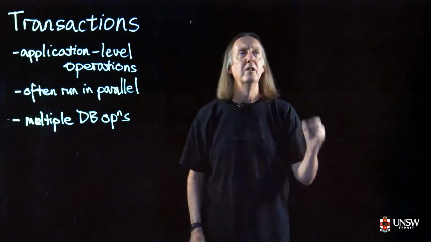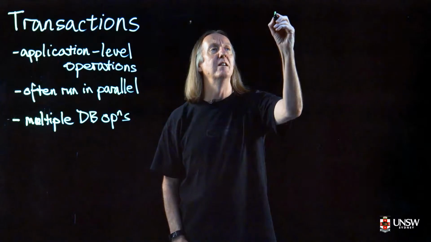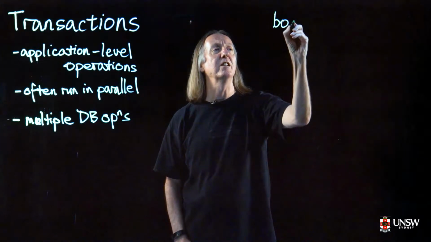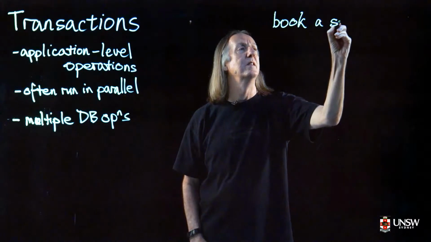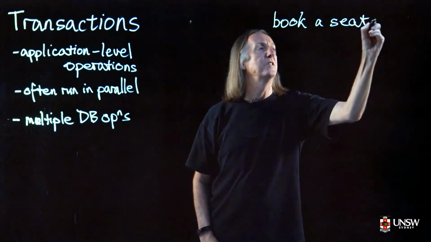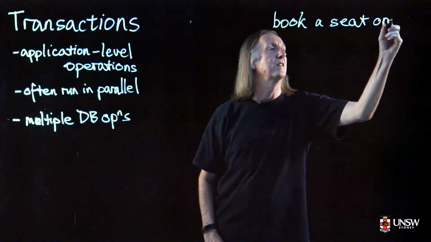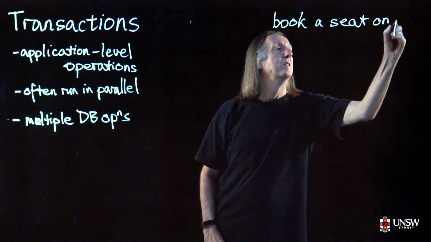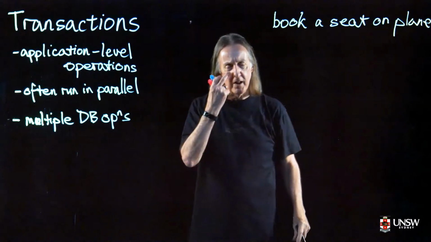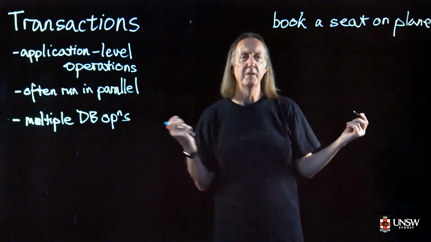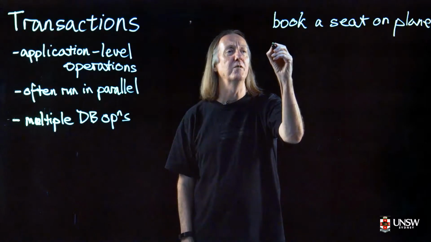So, for example, if I wanted to book a seat on a plane, this is a very common kind of application. First thing you've got to do is find a flight. Once you've found the flight, you then want to check whether there are any seats available.